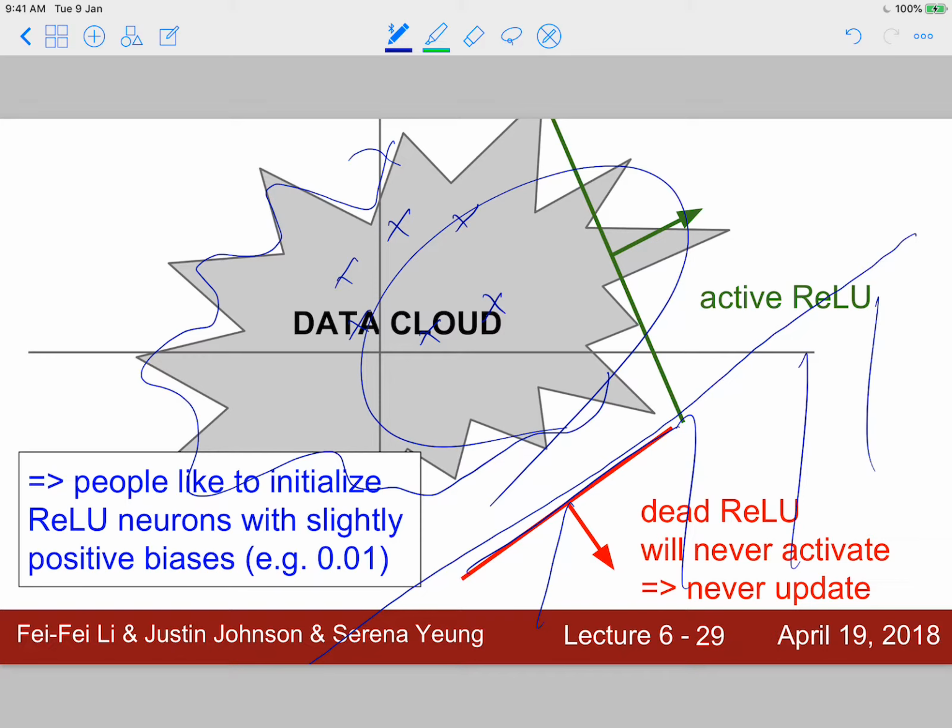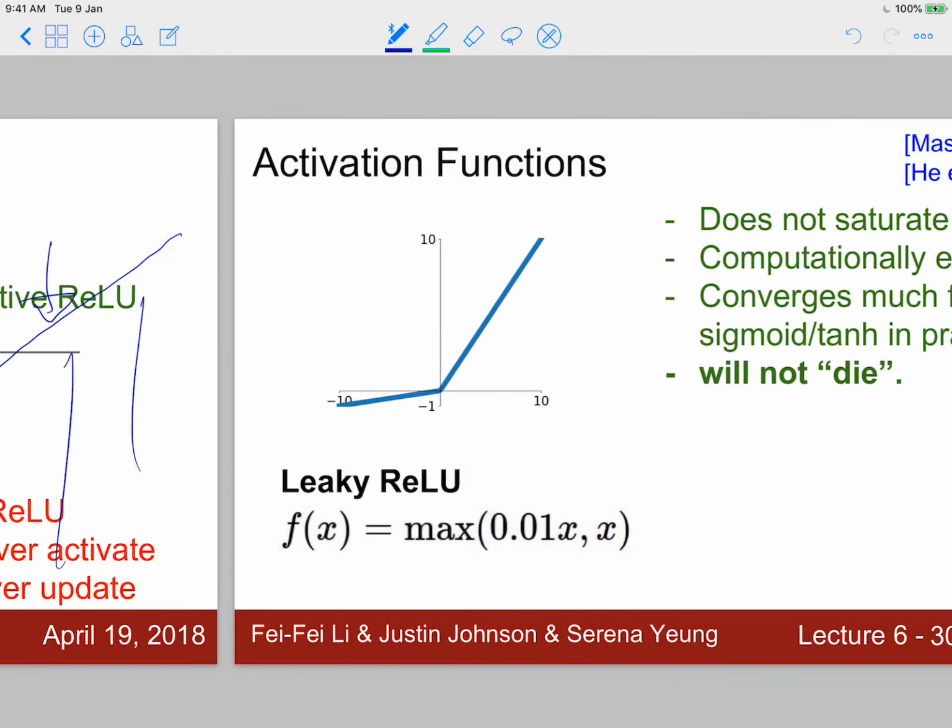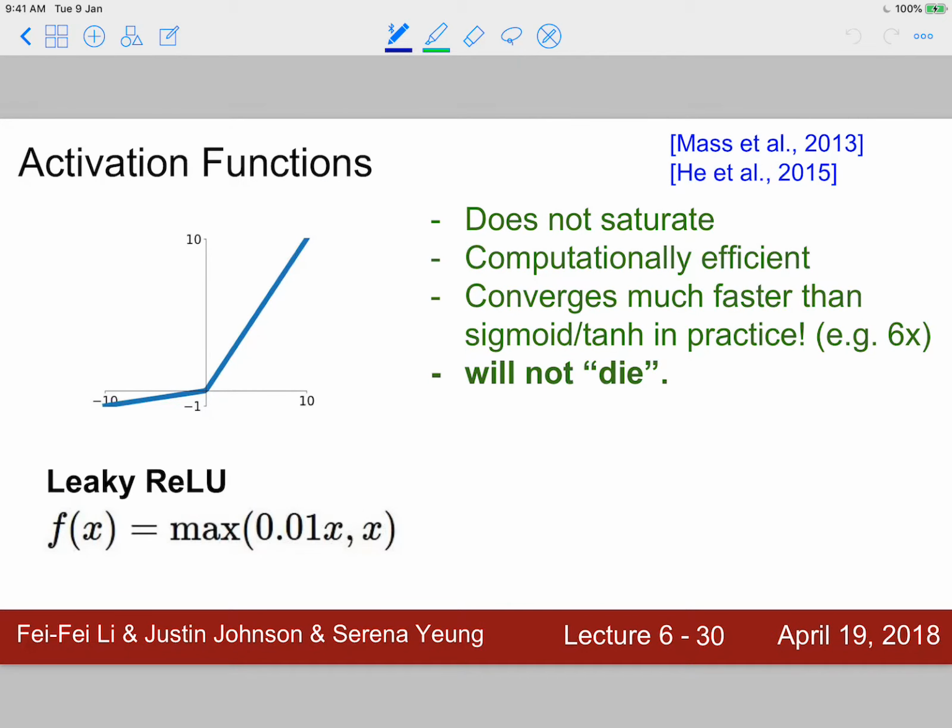Once we do the gradient descent update, this line gets changed into a different slope and a different y-intercept, but our data are all fixed. So once this phenomenon happens, this becomes a dead ReLU, and there is no chance for the corresponding parameters to get updated, right? Any questions about it?